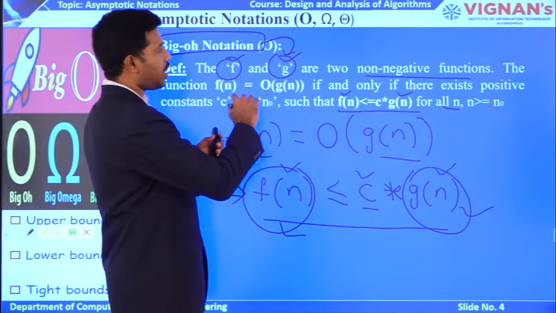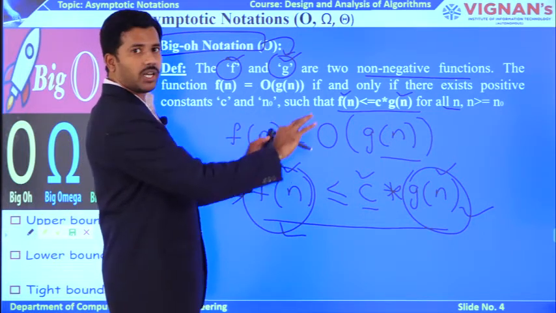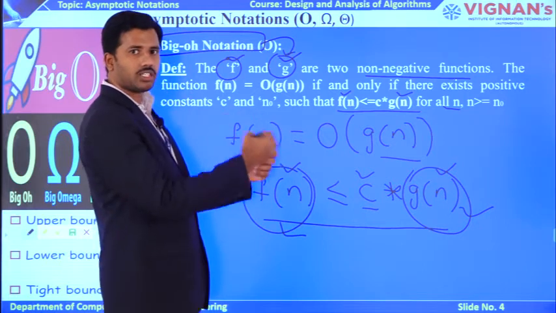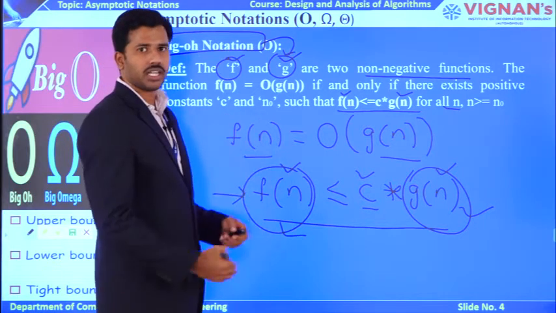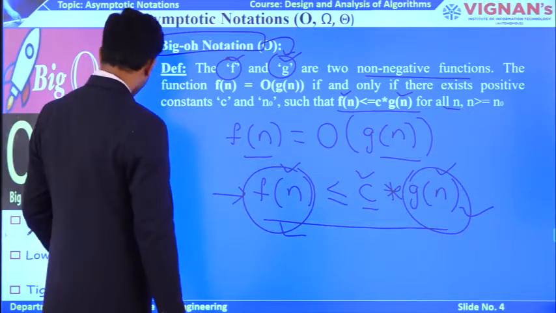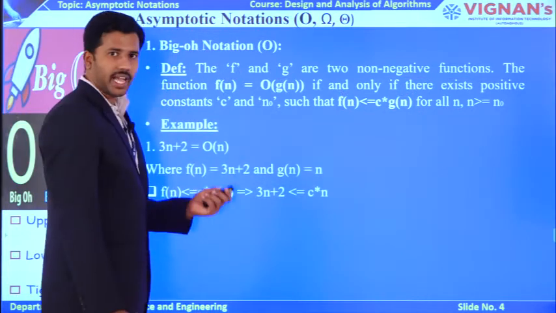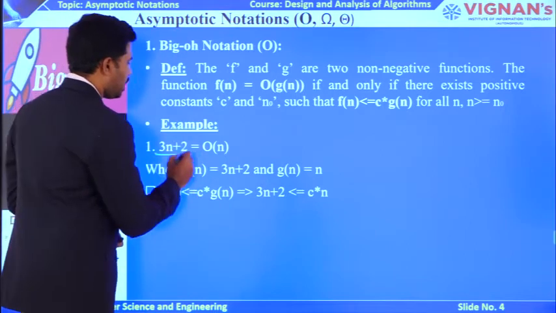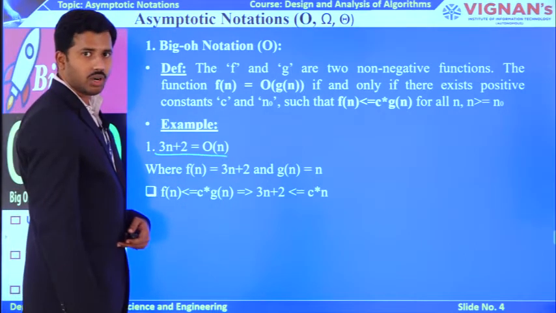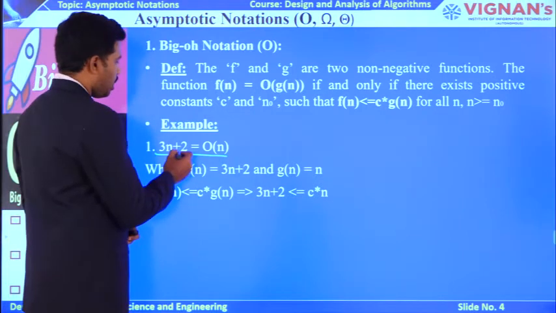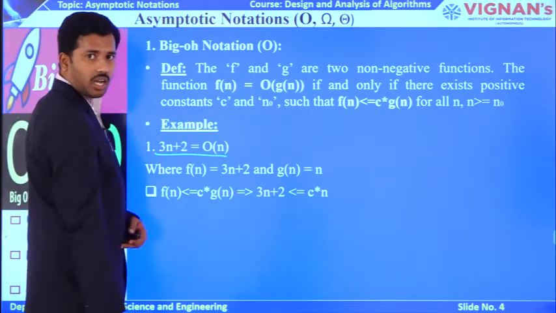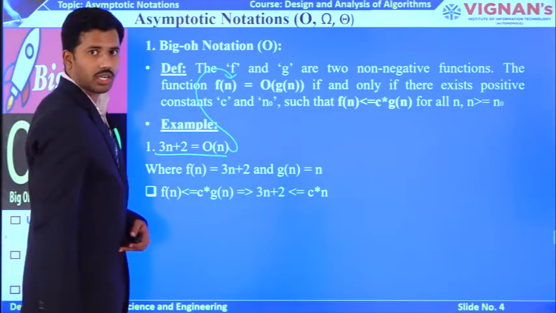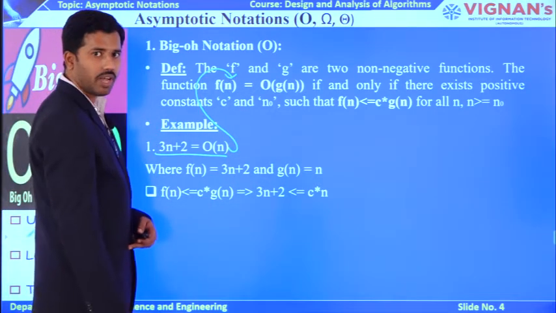Let us discuss one example. The definition is purely a theoretical thing. Now we need to apply this theoretical concept to one example for better understanding. This is my example: 3n plus 2 equal to big O of g of n. You try to apply this example to the equation f of n equal to big O of g of n.